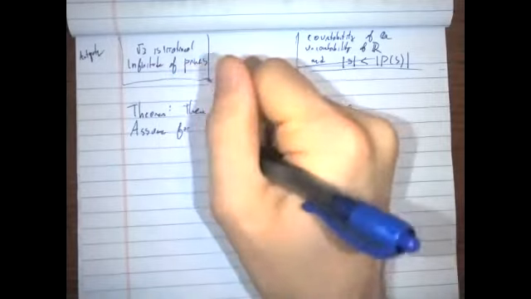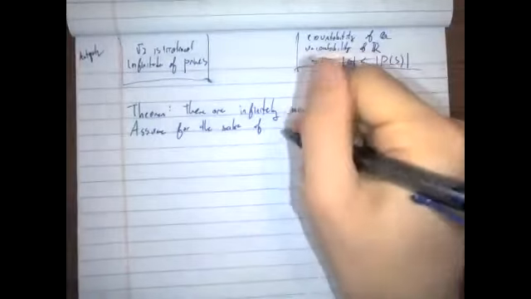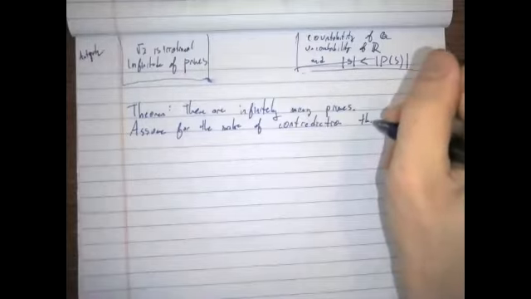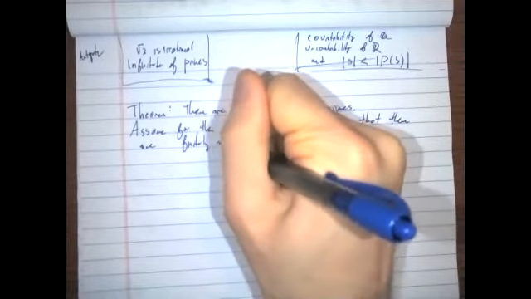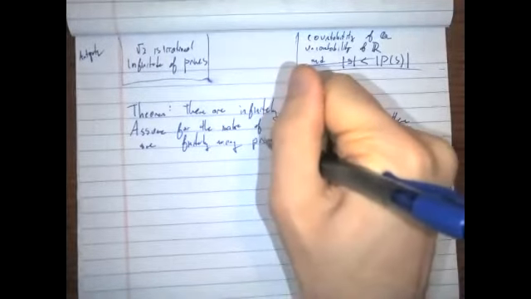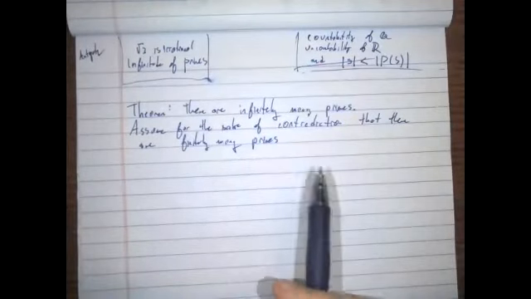Assume, for the sake of contradiction, that there are finitely many primes. And if there are finitely many primes, I can list them out, right?